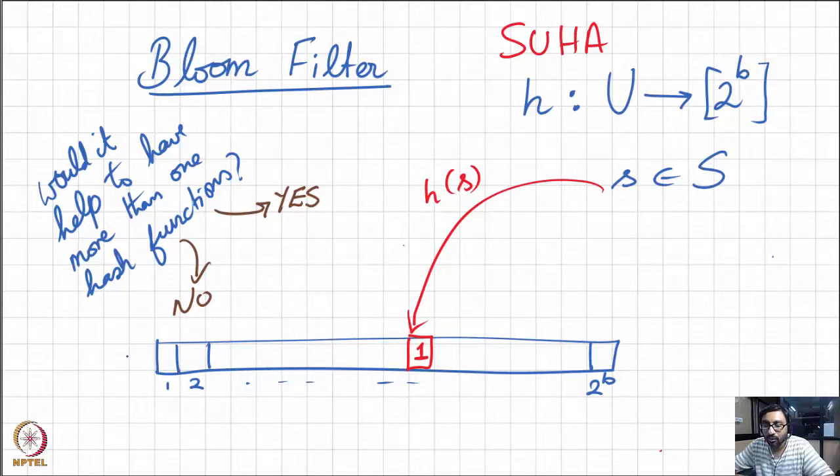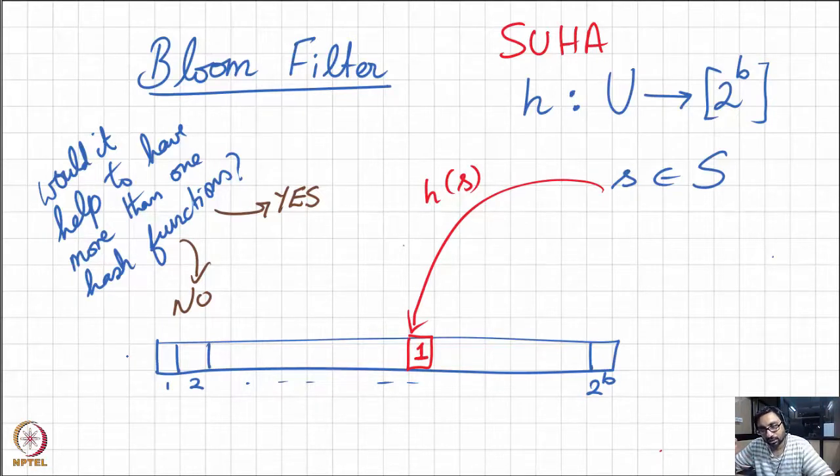So when you encounter a user ID that is not already in the set S, that user ID, when you hash it to the range 1 to 2 raised to the b, since the cells are all already set to a 1, all the hash values will fall into cells that are set to a 1, which means that we're going to conclude that that particular user ID is already taken, and therefore that's wrong.